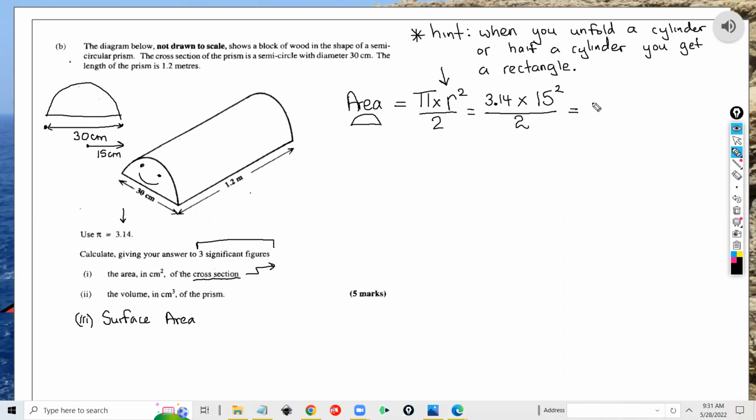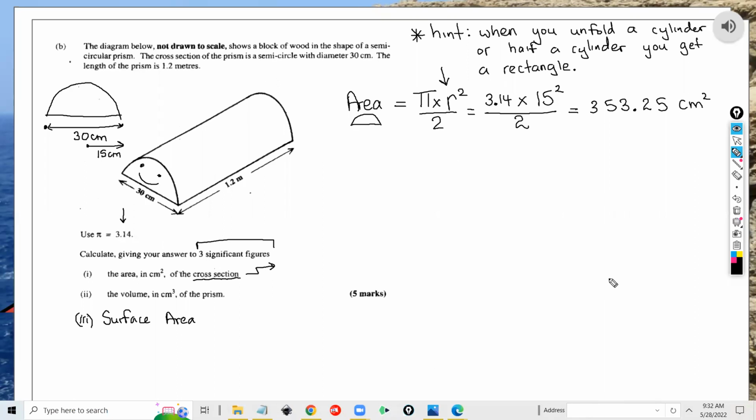And this is what I am seeing on the calculator: 353.25 centimeters squared. I haven't rounded it off to 3 significant figures as yet, but make sure you physically see it on your calculator. Just don't say, hey, I can do that whenever the time comes. Do it now, right?